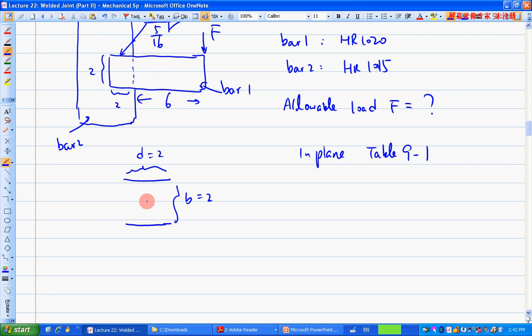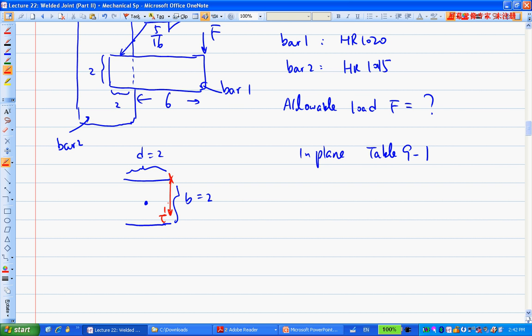Okay, so the centroid is kind of easy because it's symmetric, so just put the centroid here. Then the critical location, apparently it will be right here. At this location, you have 2 different kinds of stress. One is the primary shear, tau prime. The other is the secondary shear, tau double prime.